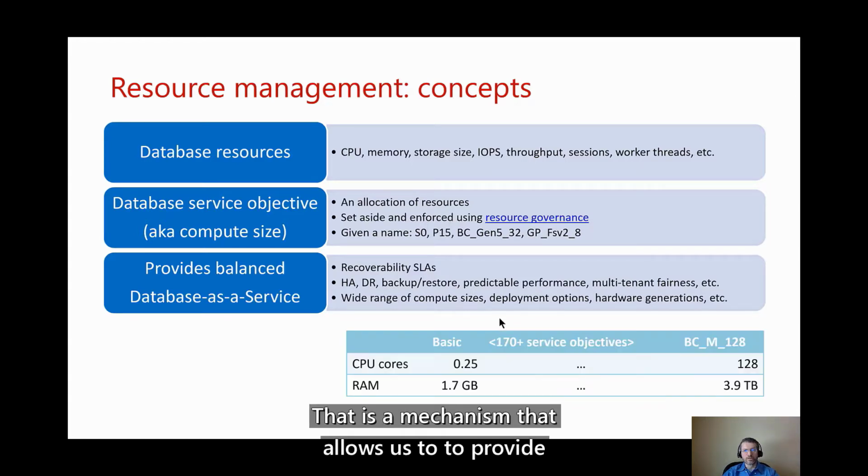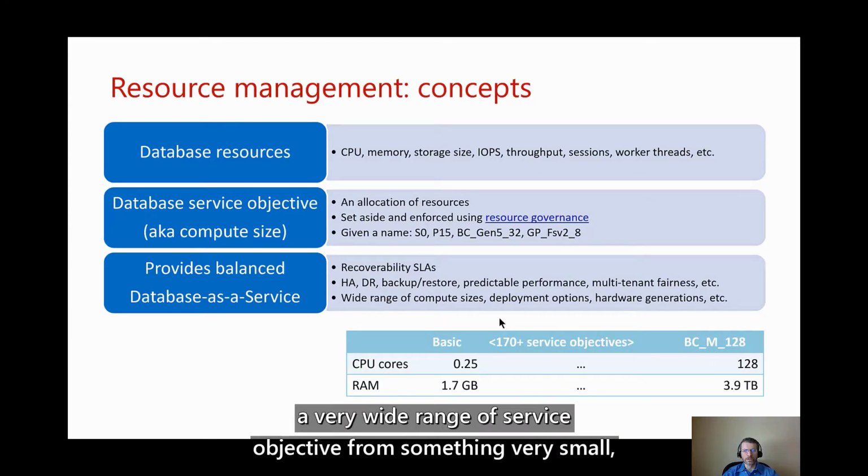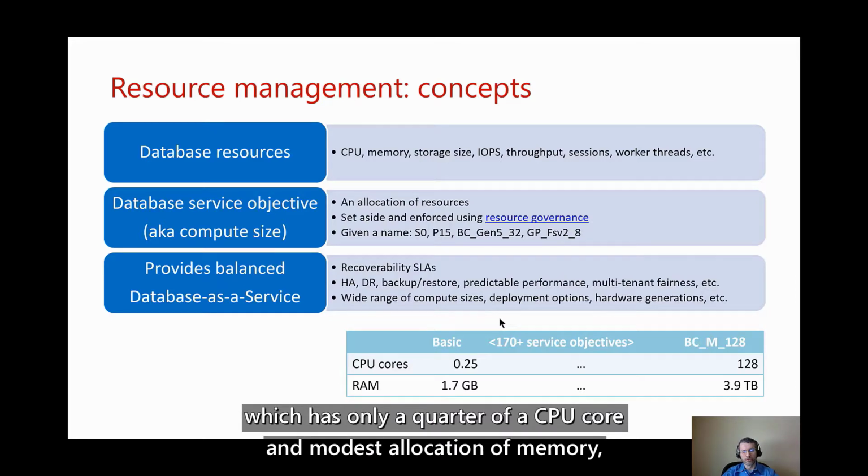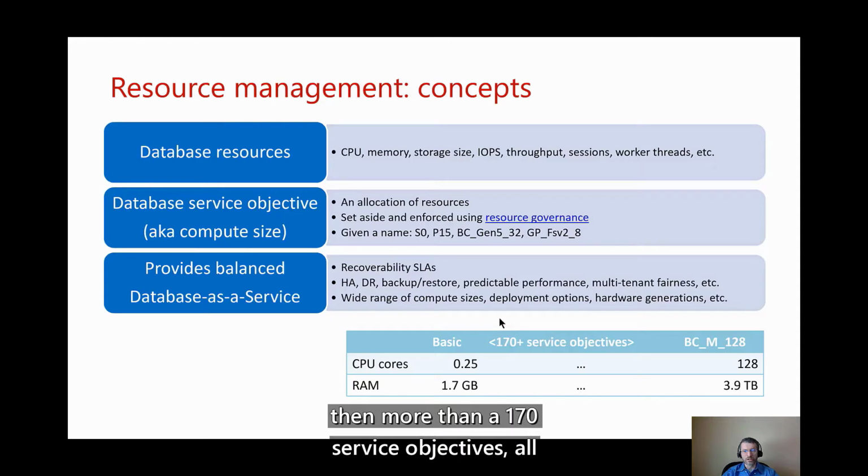That's really the mechanism that allows us to provide a very wide range of service objectives, from something very small, such as a basic database in the DTU model with only a quarter of a CPU core and a modest allocation of memory, and then more than 170 service objectives all the way to the largest M-series business critical with 128 cores and almost 4 terabytes of memory.